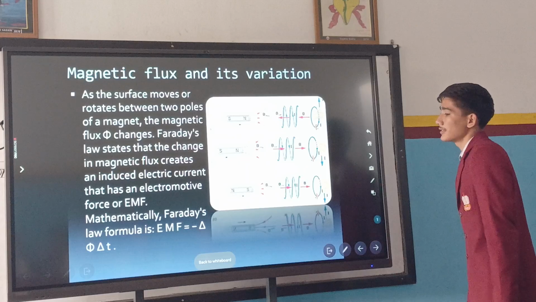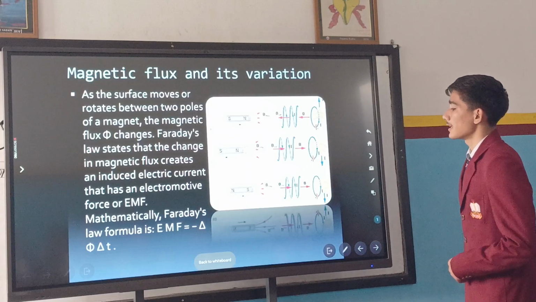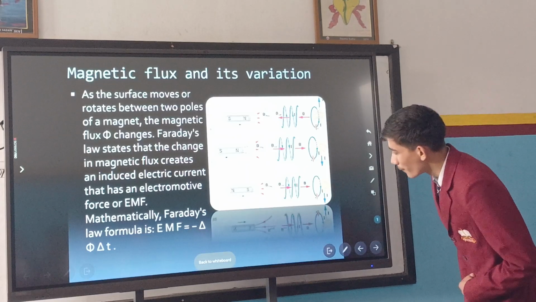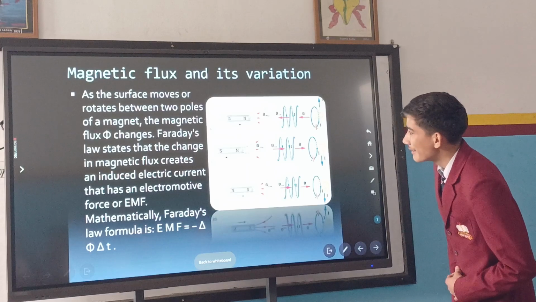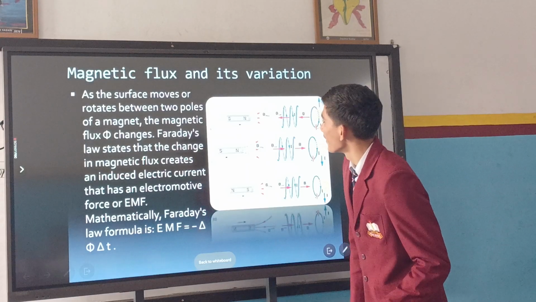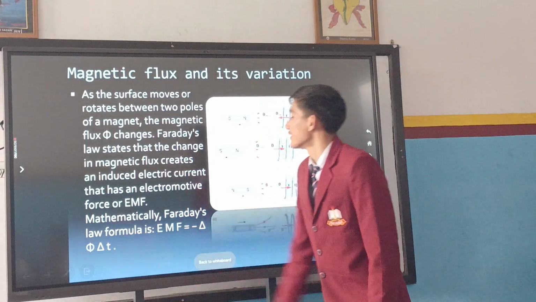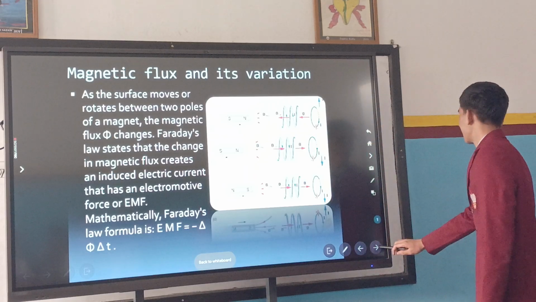Mathematically, Faraday's law formula is EMF equals minus delta magnetic flux over delta t.